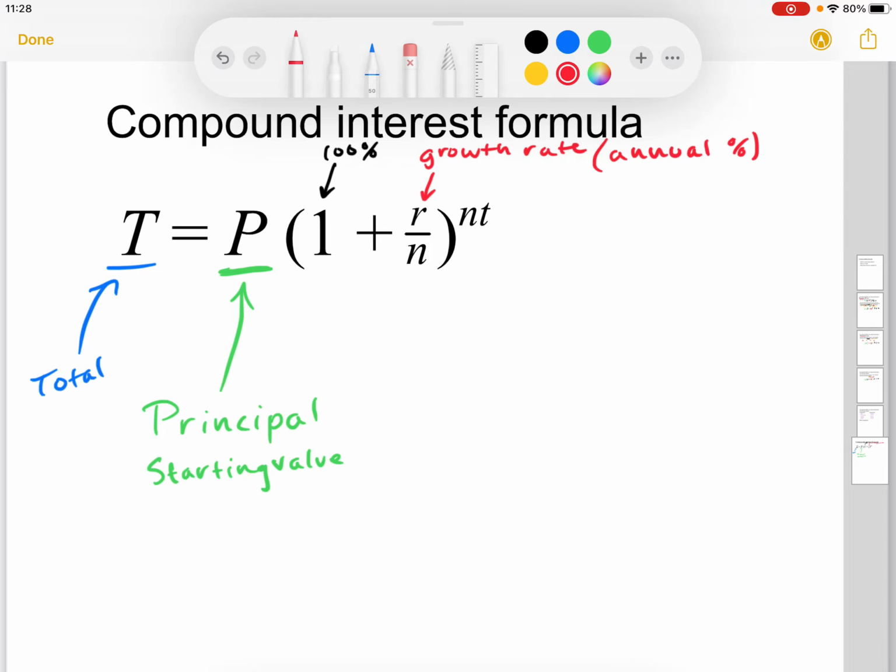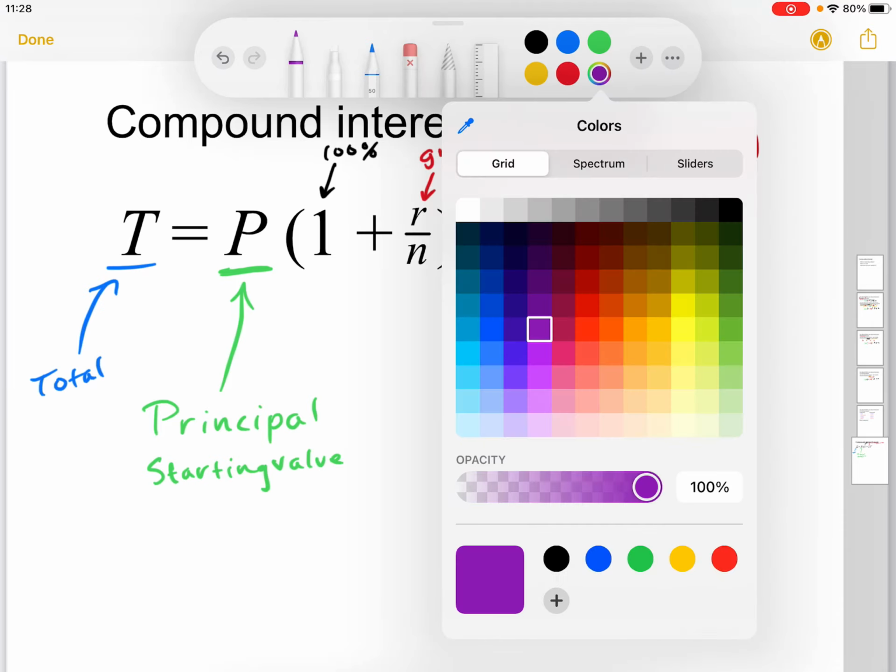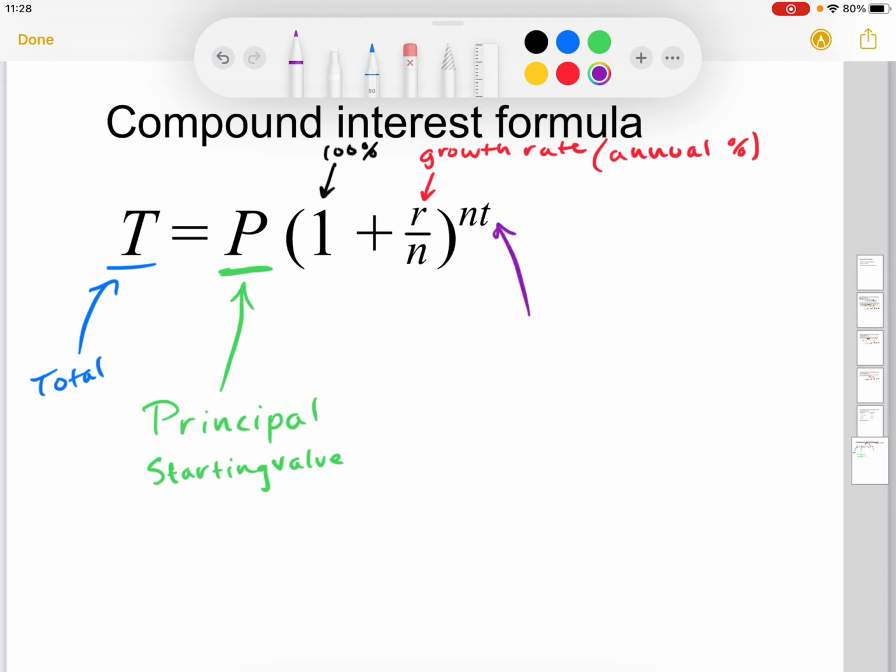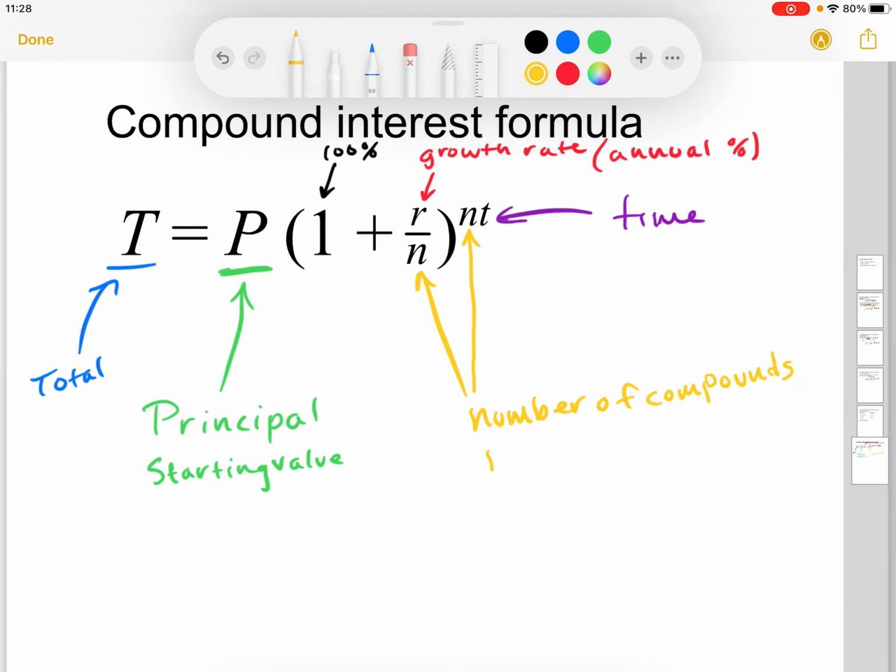T, pretty self-explanatory there. T is going to be representing the time that we are growing our investment. And so then this last variable here, N, this is the number of compounds per unit of time.